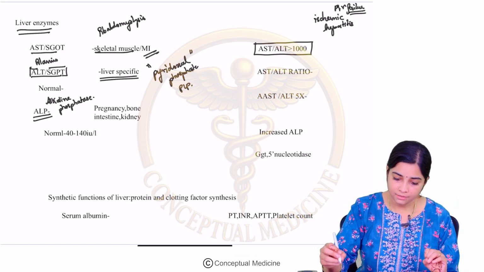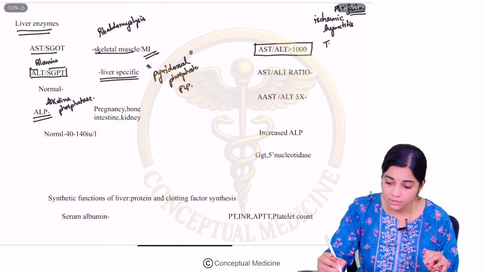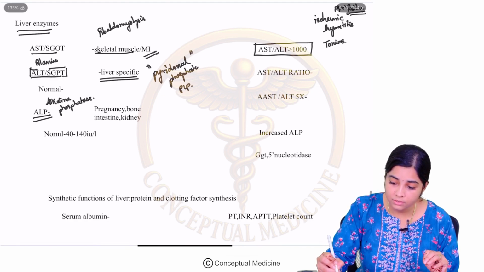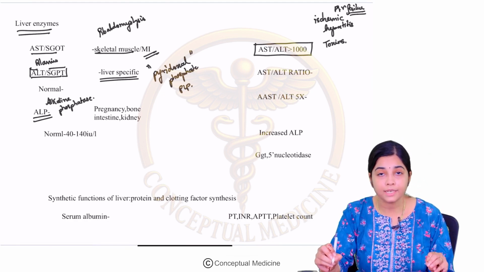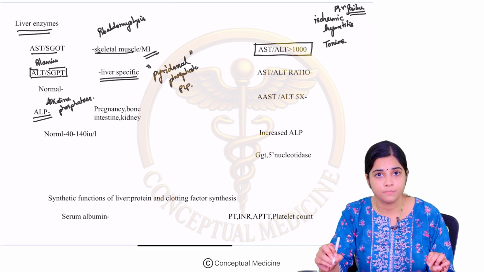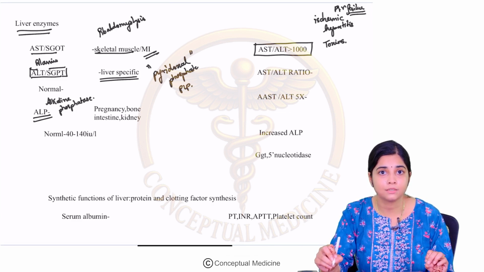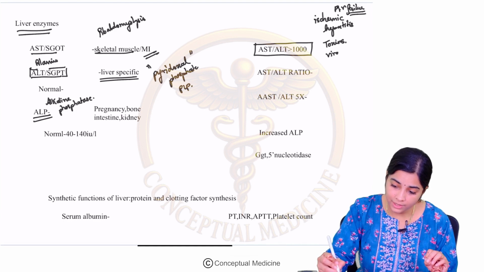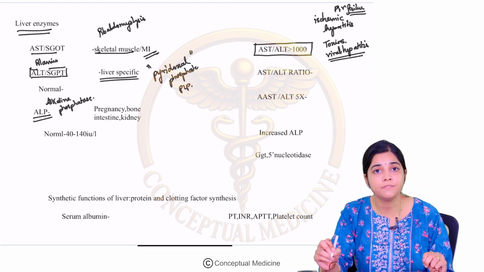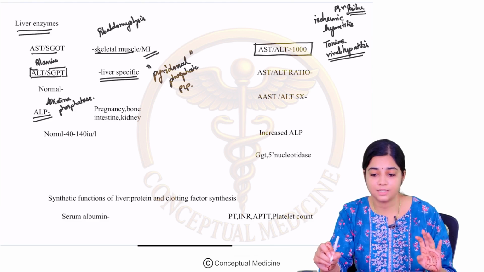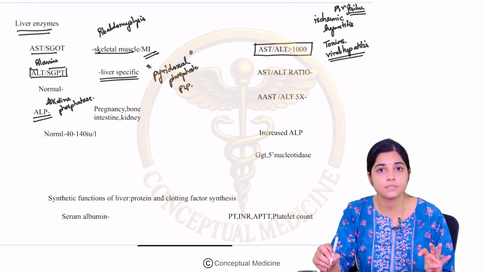Okay, fine. Then the second one is your toxins. And the third one is viral hepatitis. Though it is rare, it can result in AST-ALT elevations in thousands.